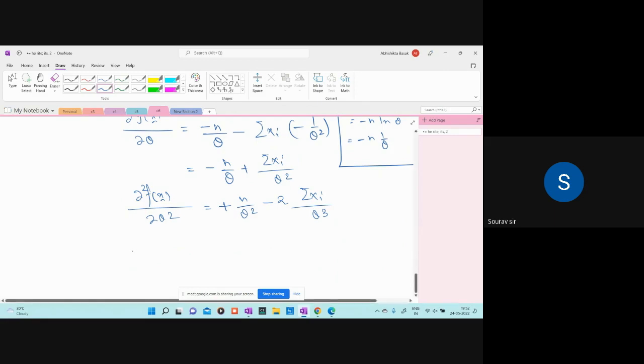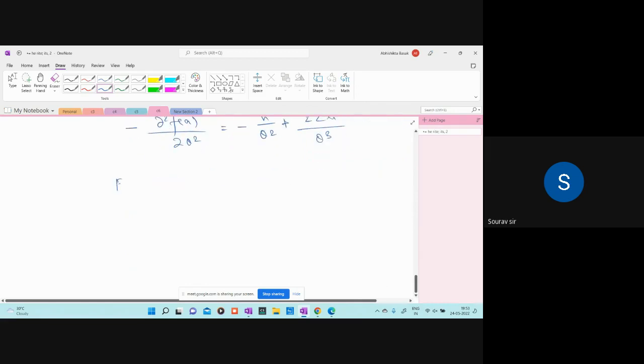Okay, now taking a minus over here, minus del square log f of x curl by del theta square is equal to minus n by theta square plus 2 summation xi by theta cube. Now going for the expectation, I have forgotten to write this log, everything will be log of.